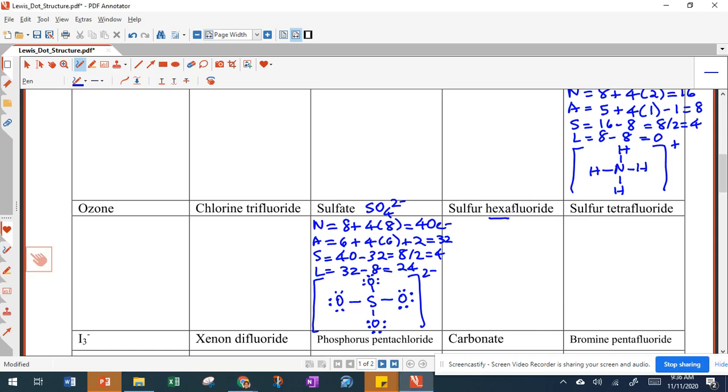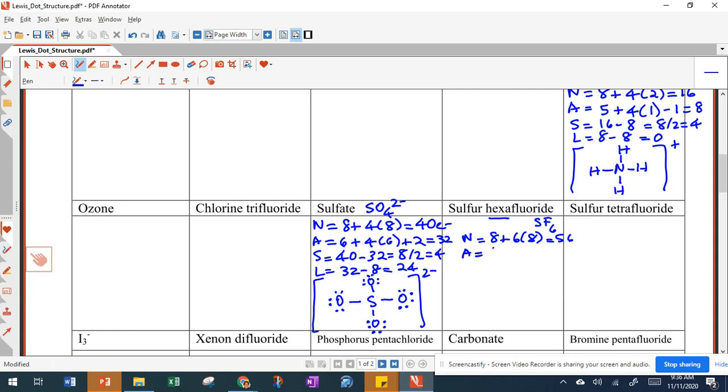First of all, sulfur hexafluoride is SF6. If we do this, we would start out by writing your needed is 8 plus 6 times 8, and that gives you 56 electrons.